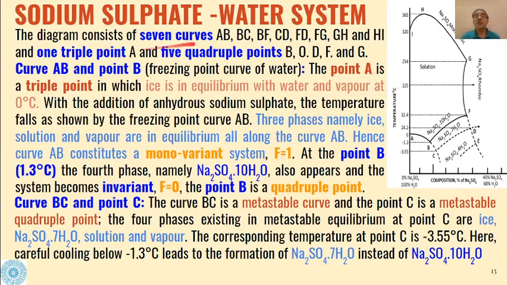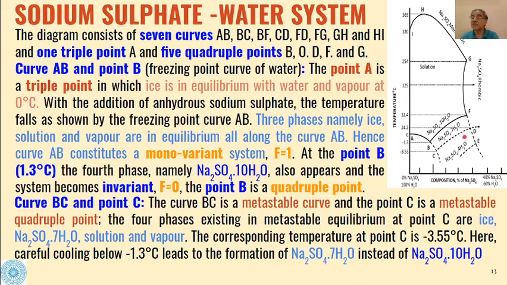So the phase diagram consists of 7 curves. These curves are curve AB, then the curve BC. BC has been shown as a dotted line. A dotted line in the phase diagram means this is a metastable curve. Then curve BF, this is a solid line, that means this is a regular phase curve.